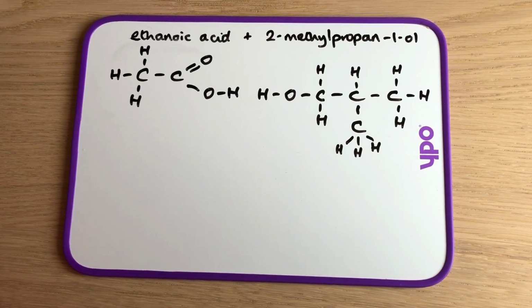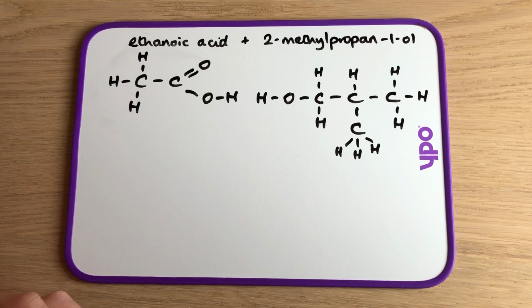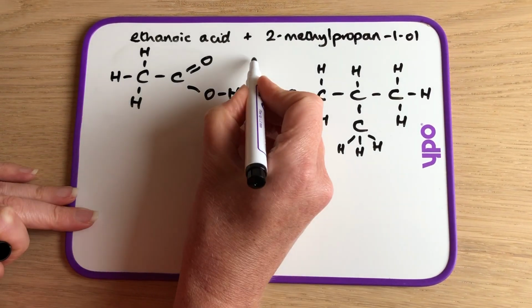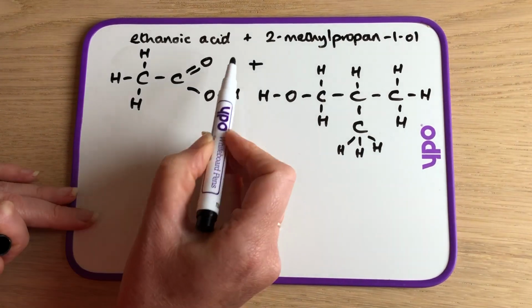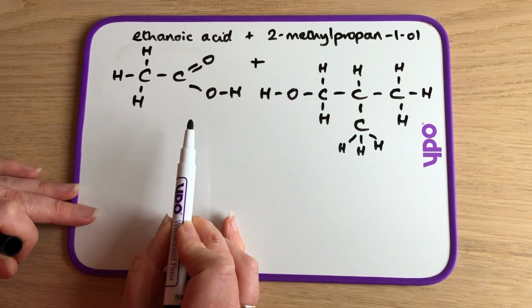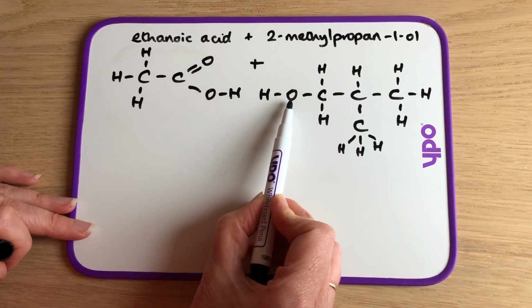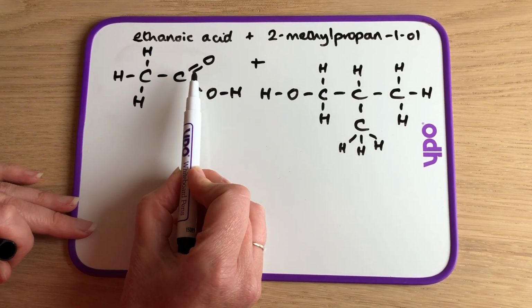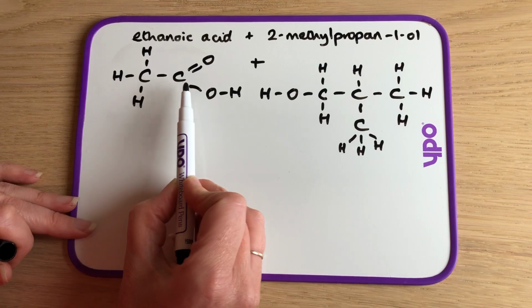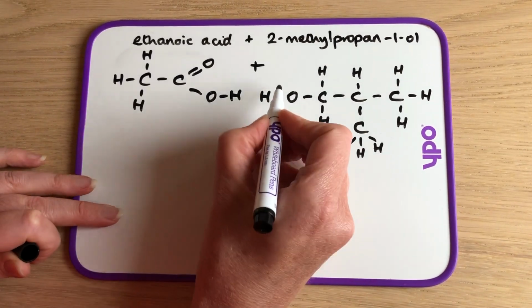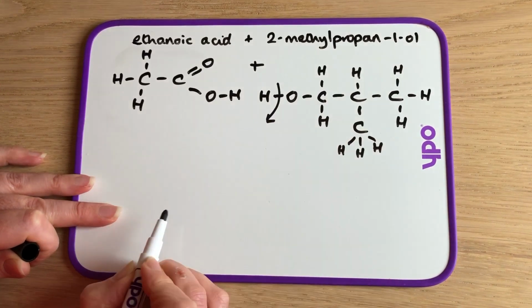Okay, and the reason why I've drawn it like that is because for the condensation reaction you're bringing these two molecules together, so it's that one plus that one, and to remind yourself which bonds to break, I say leave an O on both. So if I leave an O on each one, I'm going to leave that oxygen on there, so I'm going to break this bond here.